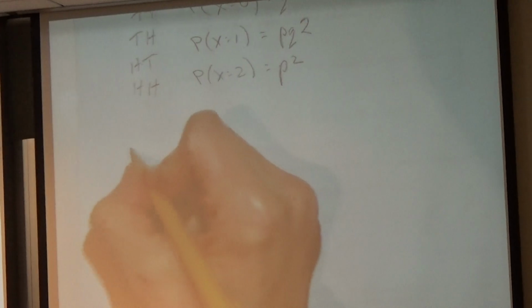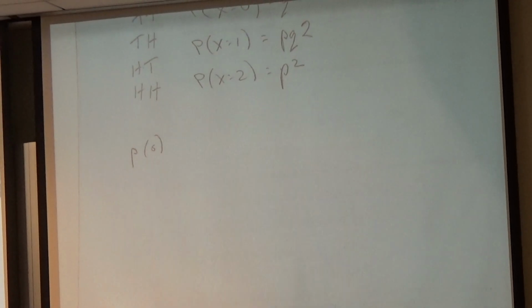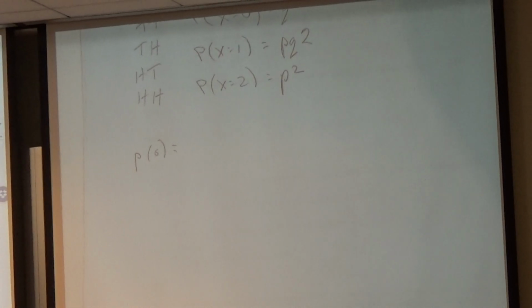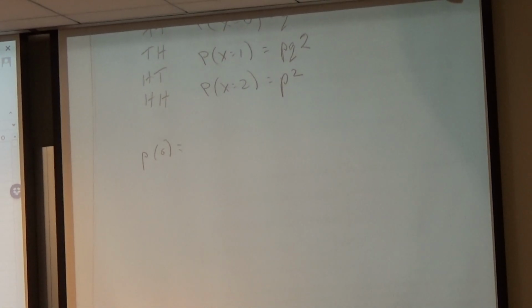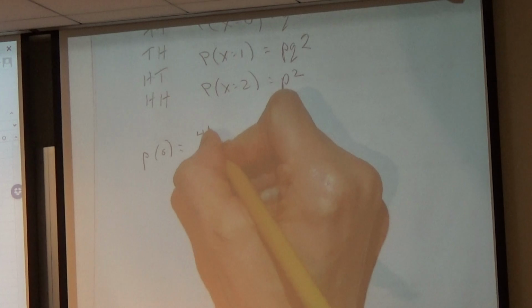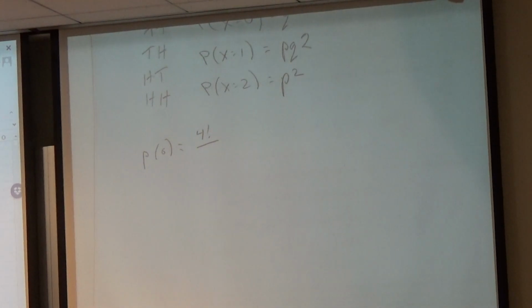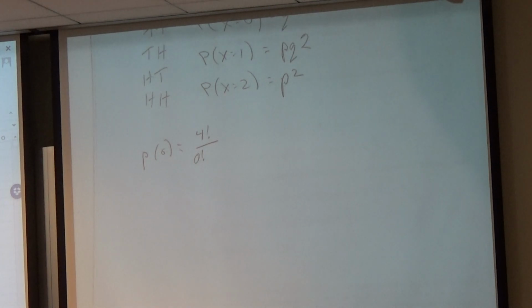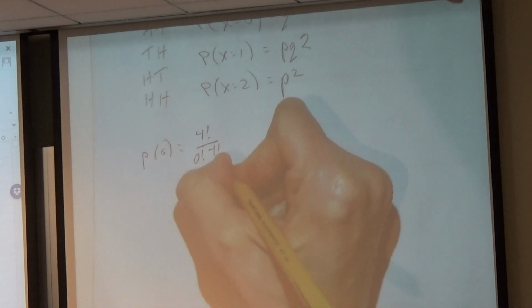So let's look at this with n equals 4. If n equals 4, and I want the probability I get 0 heads, so this is telling me n choose i, and what is this? So this is 4 factorial divided by, the i is 0, so 0 factorial, 4 minus 0 is still 4.